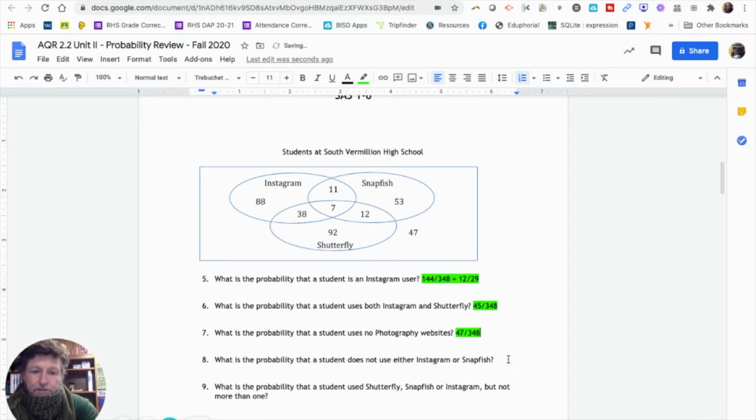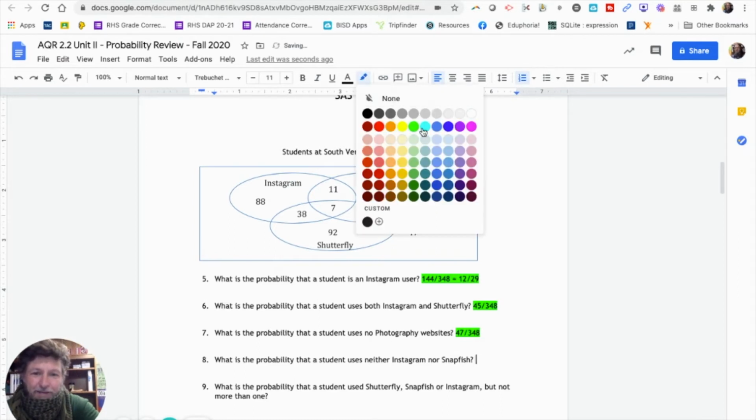What's the probability the student does not use either Instagram or Snapfish? Let me rephrase that. Let's say that a student uses, in proper English, neither Instagram nor Snapfish. Okay, now that I got that right, let's look at it, highlight it in green.